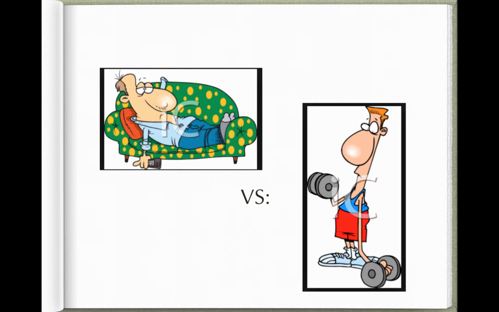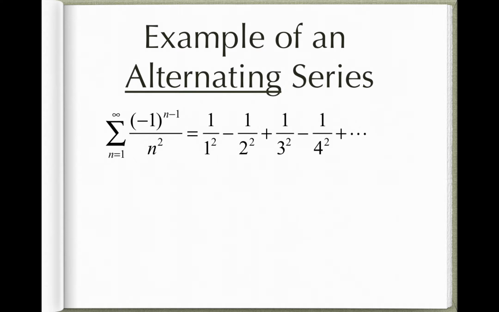Well, what do we do for a series that possibly has some negative terms in it? In fact, we lack very effective tools to perform that kind of analysis. And so in this lesson, we're going to explore series that have negative terms, and we're going to begin by looking at series that are known as alternating series.